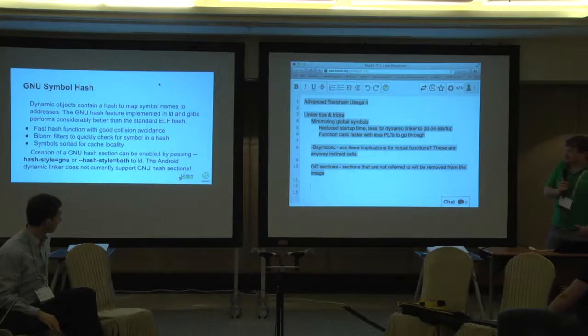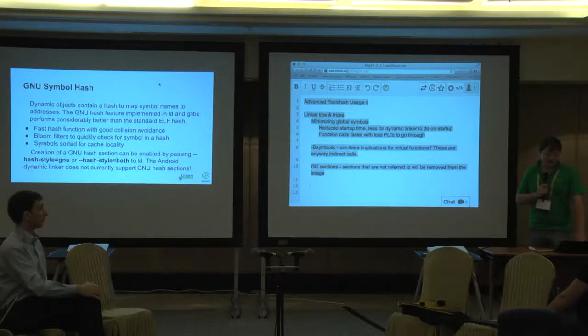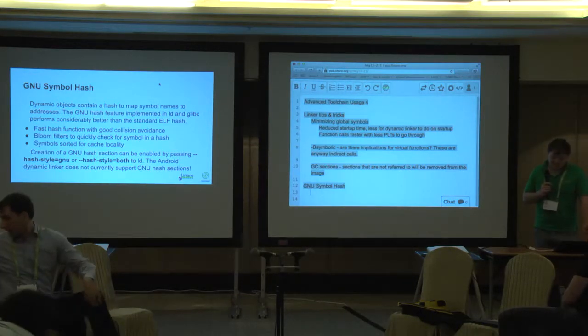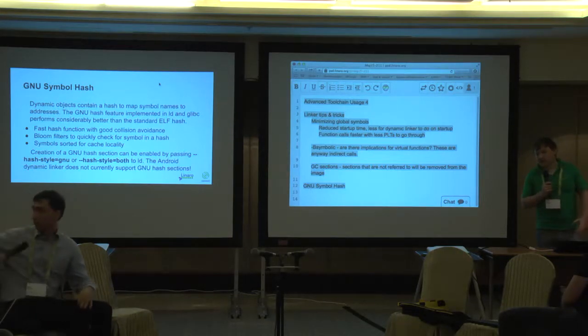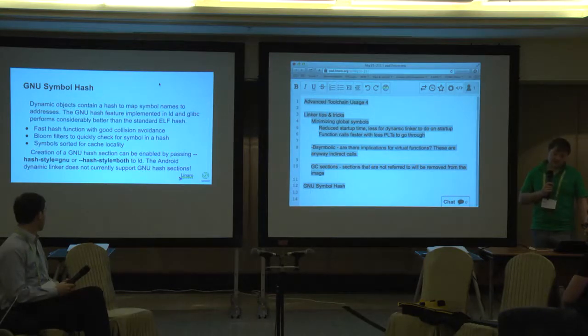Right, so the next thing is GNU symbol hash, which, as the name suggests, is a GNU extension to the linker and glibc that, instead of using the standard ELF hash for symbol names, uses a different function that has better performance characteristics. The ELF hash is used whenever you look up a symbol, so the dynamic linker will hash the symbol name and look up in its internal data structures what the address of that symbol is when you're doing things like symbol resolution at runtime.